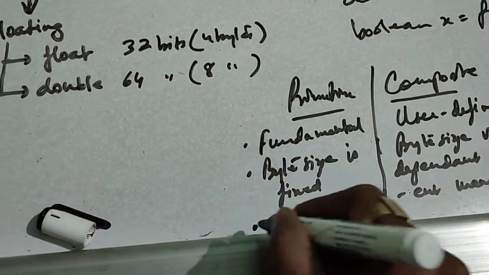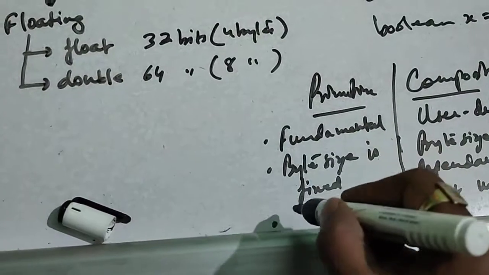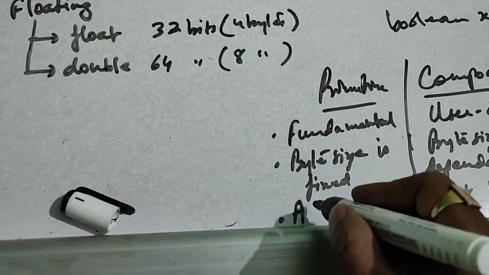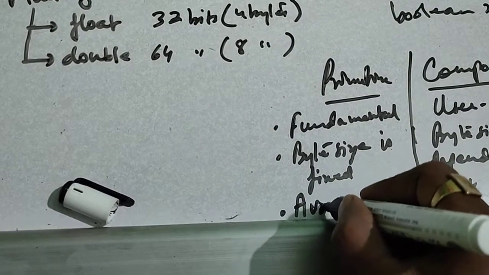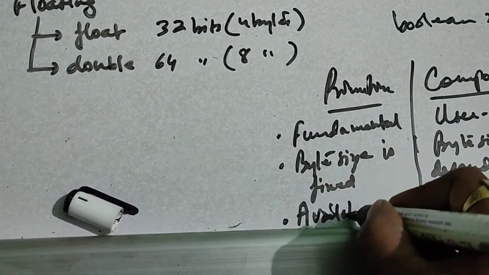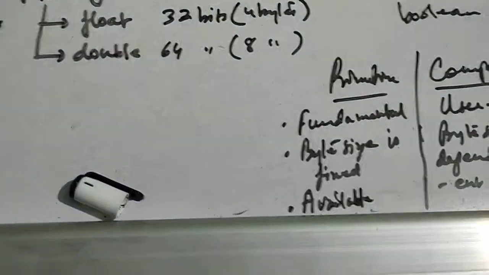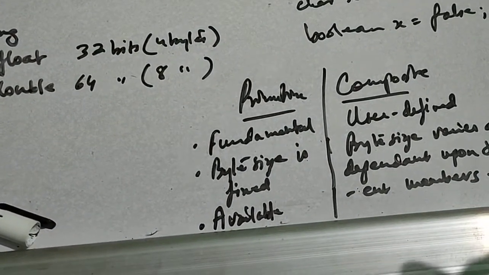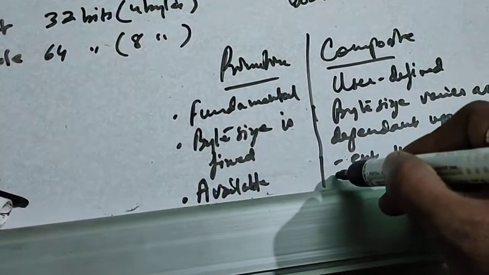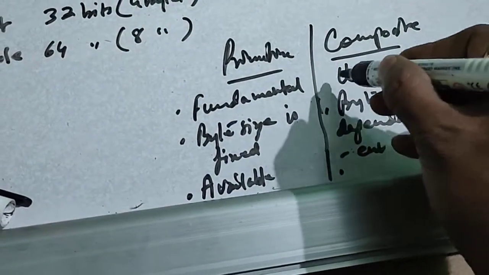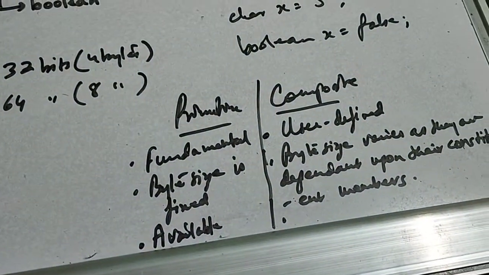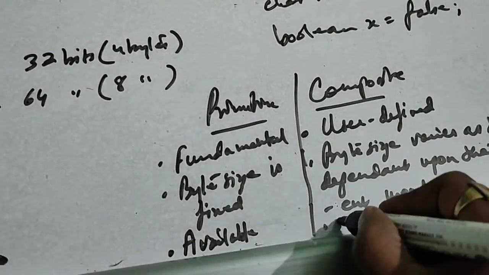Then the third difference is availability. Primitive data types are available throughout the program, whereas for composite data types, their availability is restricted.